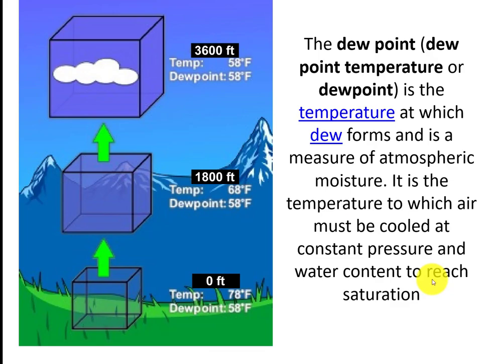So let's think of this cube as a parcel of air. So at 0 feet, we have a temperature of 78 degrees. The dew point is the temperature at which saturation would occur. And so let's look at the definition of dew point, or dew point temperature.